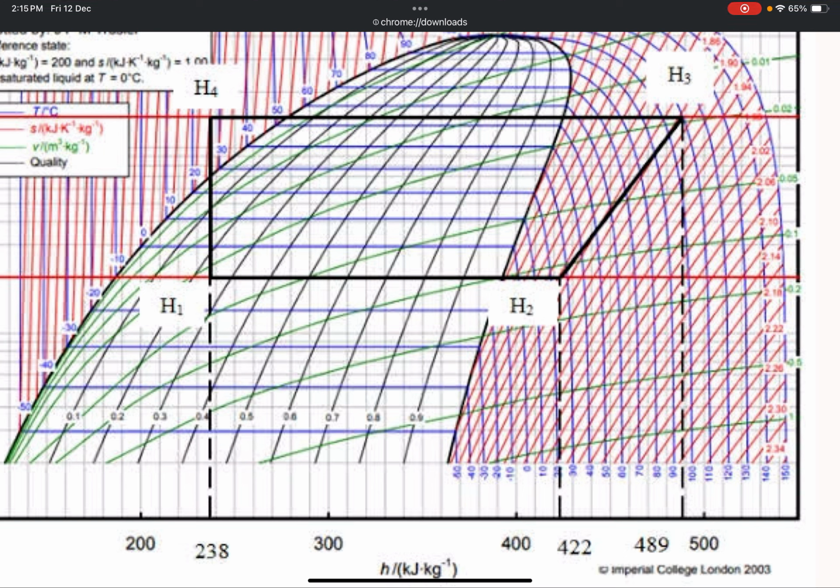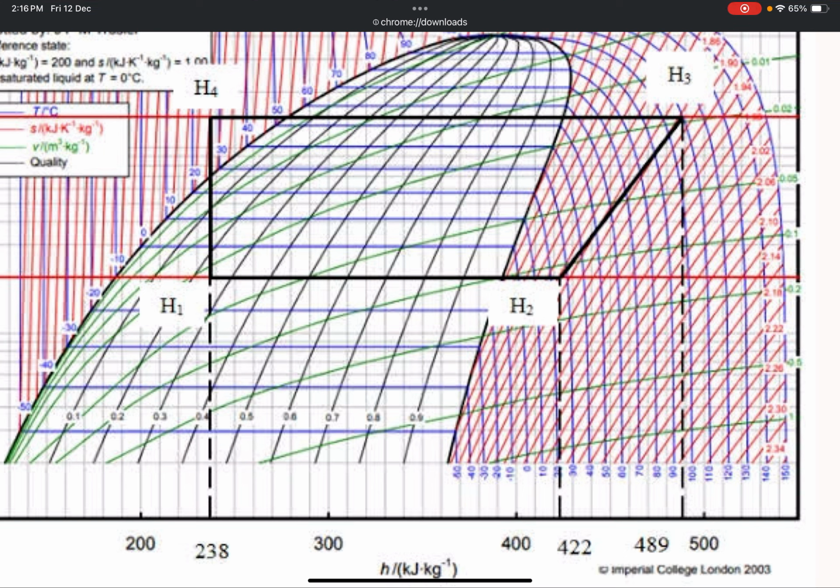So in this diagram, 1 to 2 would represent evaporation, that is in the evaporator. 2 to 3 would represent what is happening in the compressor. 3 to 4 would represent what is happening in the condenser, and 4 to 1 would represent what is happening in the expansion device. So where does the enthalpy increase?